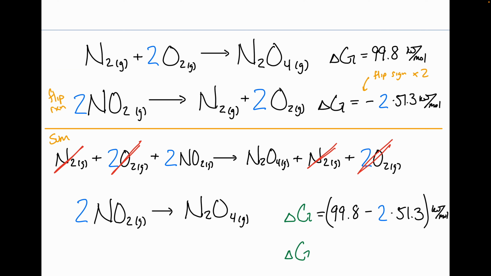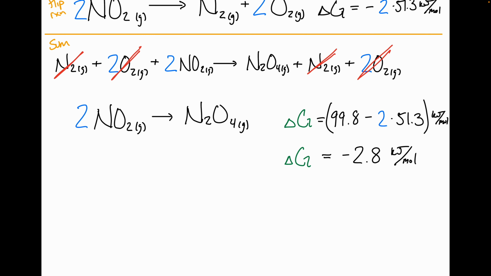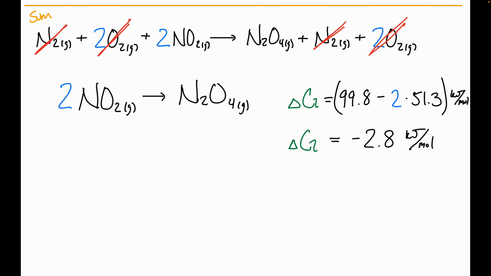Okay, and what we would find is that this reaction has a delta G of negative 2.8 kilojoules per mole. All right, so then what can we say about this new chemical reaction that we were just studying here? It is spontaneous.